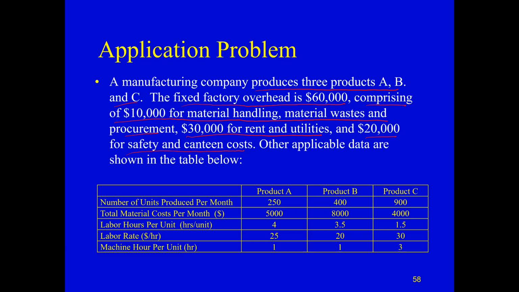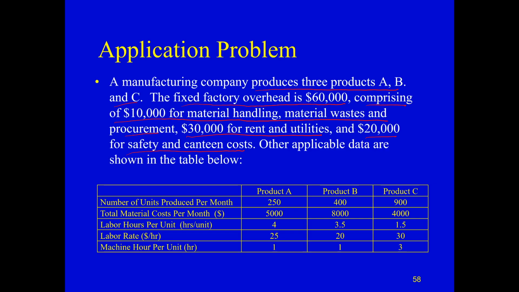We have 3 products, product A, product B, product C. The number of units produced per month is, let's say, 250, 400, and 900. Total material cost per month is $5,000, $8,000, $4,000. The labor hours per unit is 4, 3.5, and 1.5.